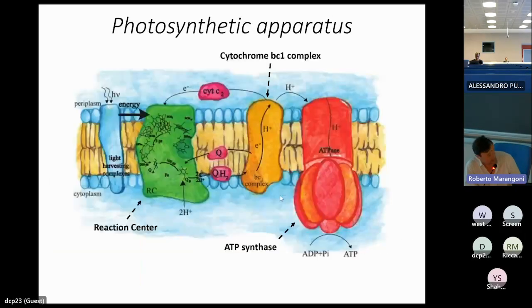There are two enzymes, the reaction center and the cytochrome bc1 complex, that work together, coupled with two electron shuttles, and they transduce light energy into a pH gradient across the membrane. This pH gradient is exploited by the ATP synthase for the phosphorylation of ADP, to create ATP that supplies energy for the metabolic processes.